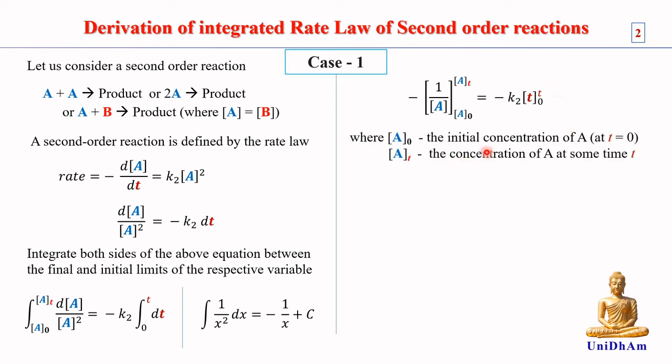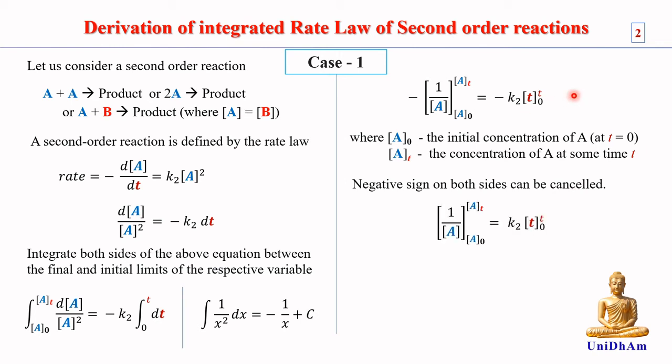Where A0 is the initial concentration of A at time t equal to 0. At is the concentration of A at particular time t. The negative sign on both sides can be cancelled. Hence, this equation becomes 1 by concentration of A, which is equal to K2 into t.